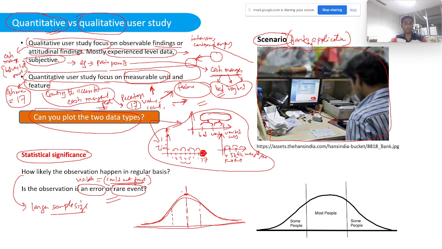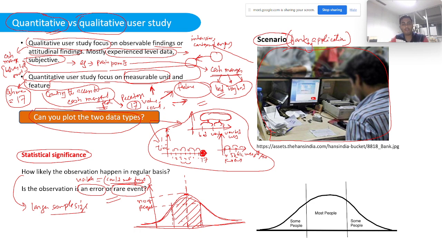Okay, so what it signifies is that if a particular incident happens on a regular basis, it falls under average incidences, and a large section of the population, which is the number of people, will have these issues. Okay.